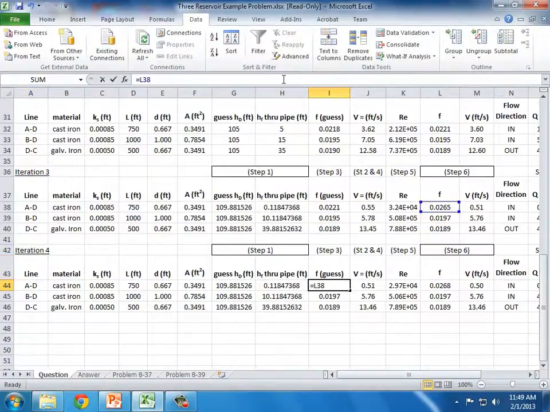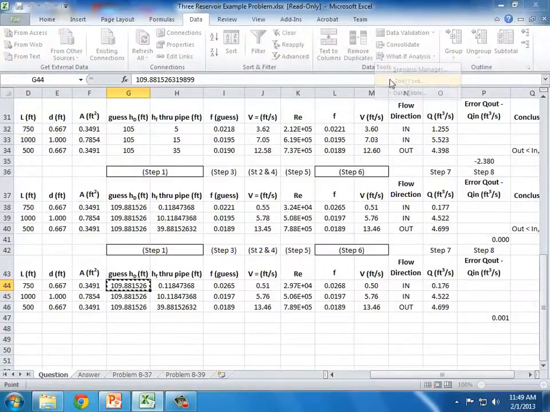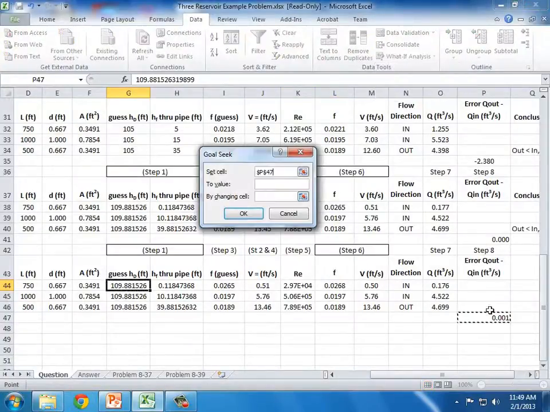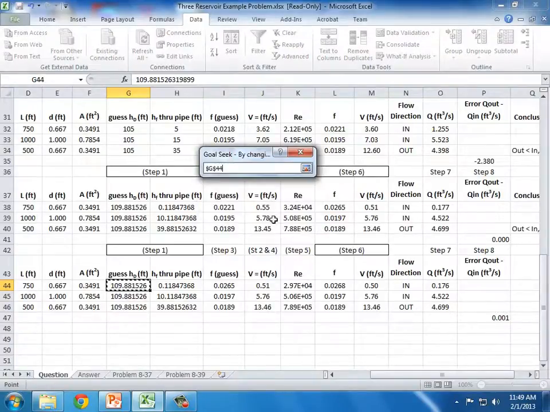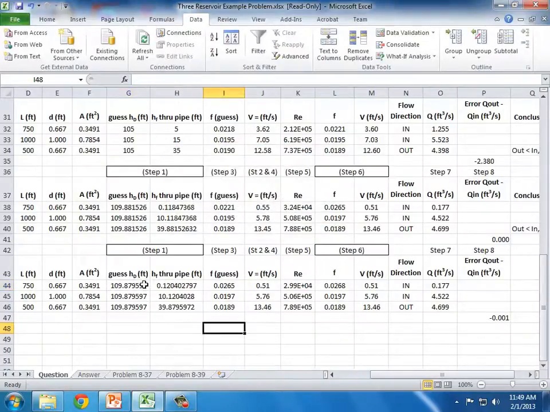So here it's looking at the previous one. Here it's converging it a little. So if we do goal seek again here, we want that to be equal to 0 by changing this. Okay, it changed it by a very minuscule amount.